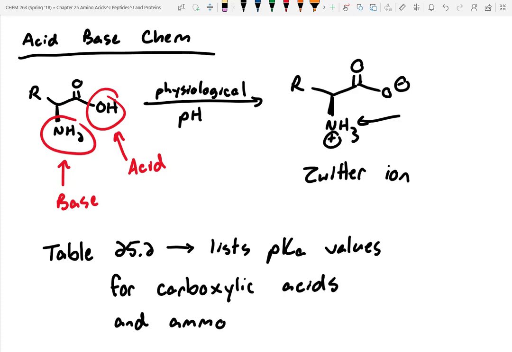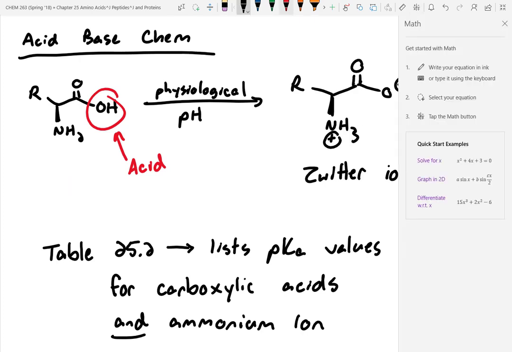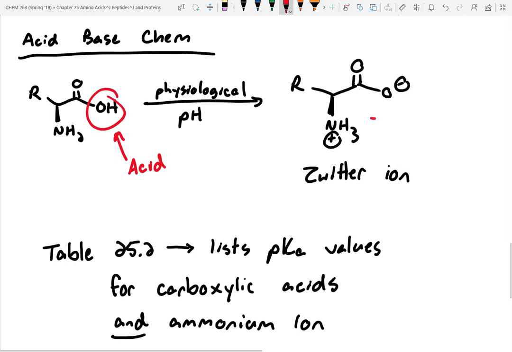So when you are looking at the pKa values, essentially what you're looking at isn't of both starting materials. Instead, you're getting a pKa value of your carboxylic acid and the ammonium ion on the physiological side. So it is a little bit confusing navigating that table, but you can't really have a pKa value for a base. So instead, they give you the pKa value of the conjugate acid.